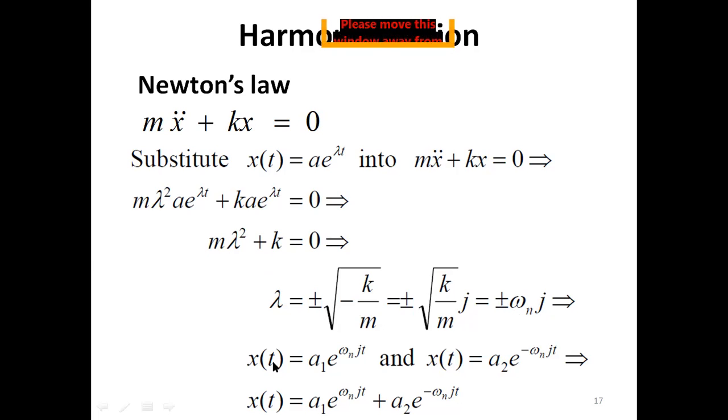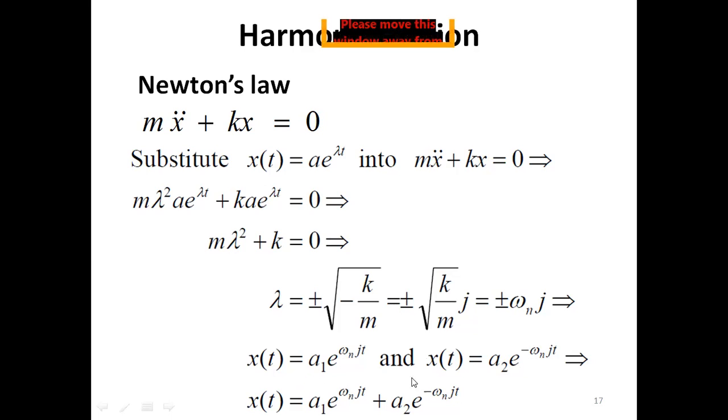So x of t is equal to a1 exponential, with the positive root, exponential omega n j t, and x of t with the other root is equal to a2 exponential minus omega n j t. This is a solution of that differential equation, and this is also a solution.